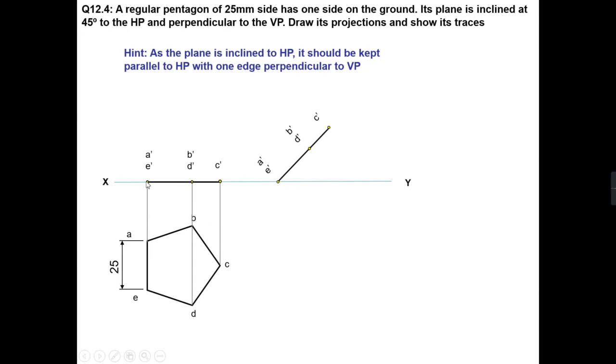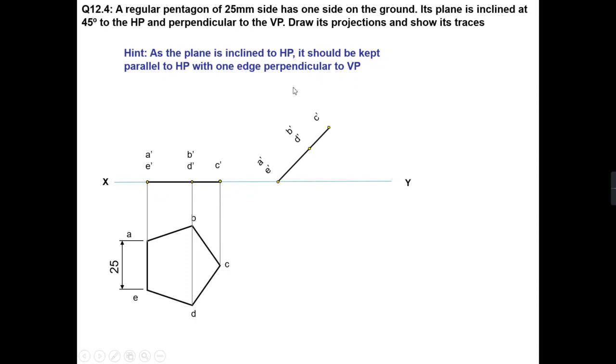Suppose you were making this inclination with point C, meaning you are inclining the surface with respect to a corner point of the pentagon. If it is asked in the question that your pentagon is inclined with one of its corners, then you should incline the surface with respect to that point. But here it is asked that one side is on the ground, meaning you should incline this pentagon with respect to this point A dash. So your side AE is on the ground right now.